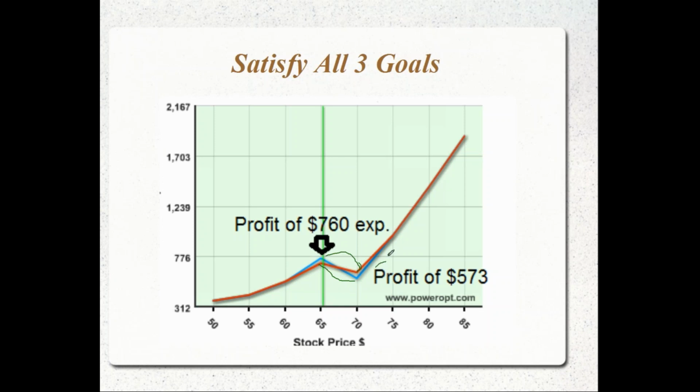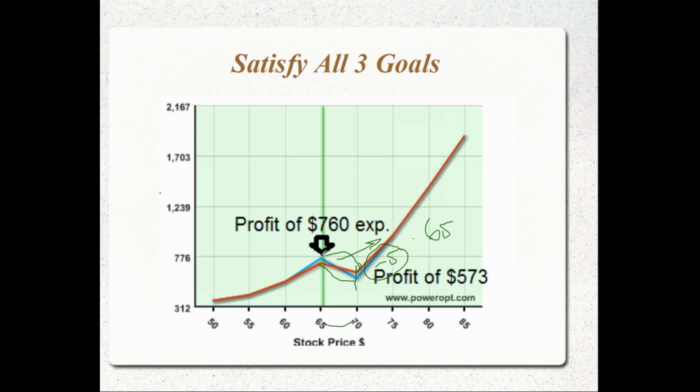Well, I have to cover this 5-point difference between the two strikes, but the loss that I'd have there is countered by the gain in the stock, because I still own the stock. It would have moved from 62.53 up to 70 as well. So that gain in the underlying covers the loss between the strikes, and you still keep the 65 cents.